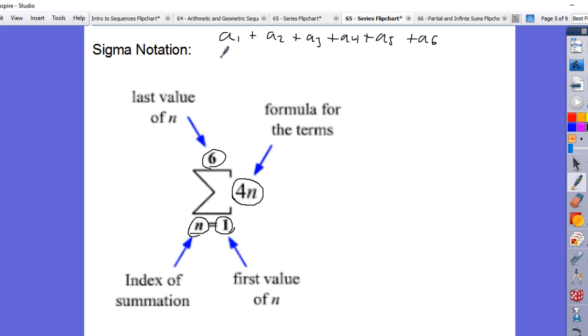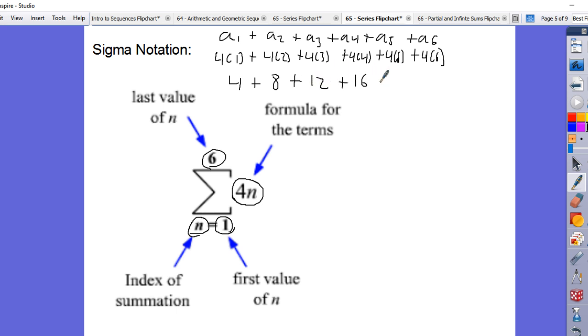So this would be 4 times 1 plus 4 times 2 plus 4 times 3 plus 4 times 4 plus 4 times 5 plus 4 times 6. All right, 4 times 1 is 4, plus 4 times 2 is 8, plus 4 times 3 is 12, plus 4 times 4 is 16, plus 4 times 5 is 20, plus 4 times 6 is 24.